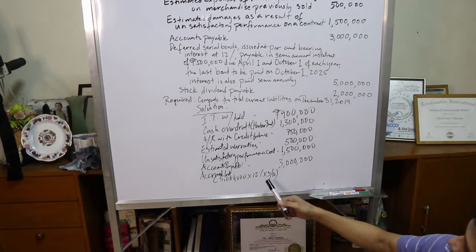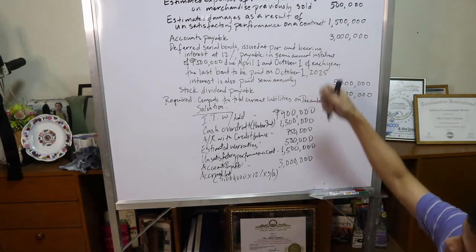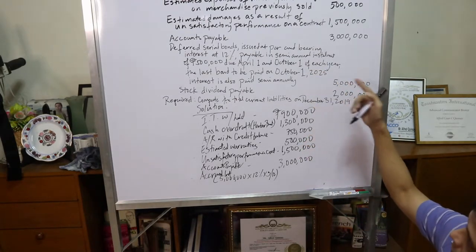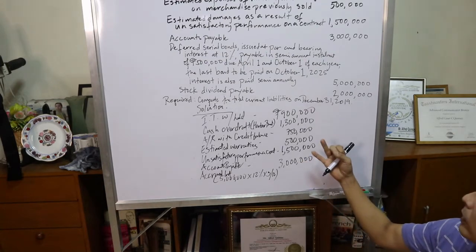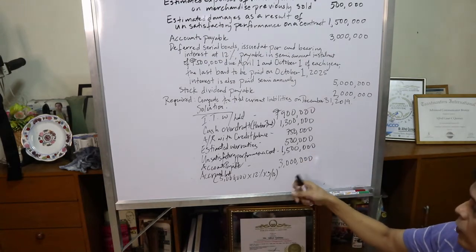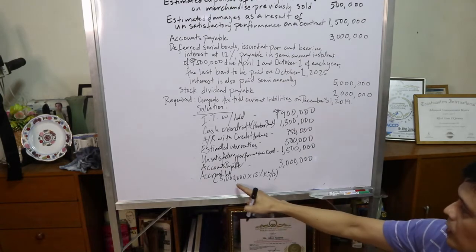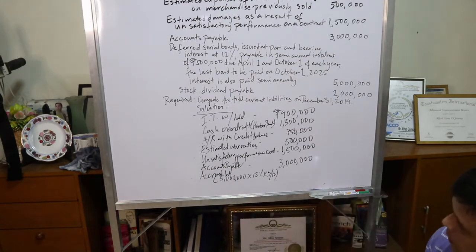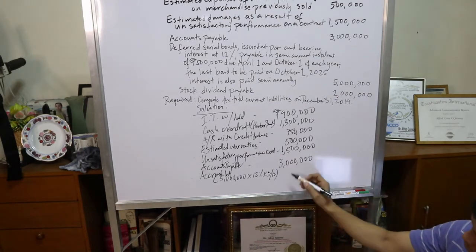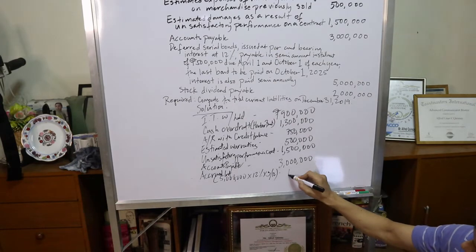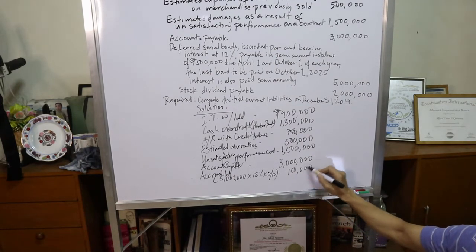Bakit 3/12? Kasi from October 1 to December 31, that's 3 months. So October, November, and December. So 3 months over 12. So yung fraction lang. So 5 million times 12% times 3/12, that would be 150,000.